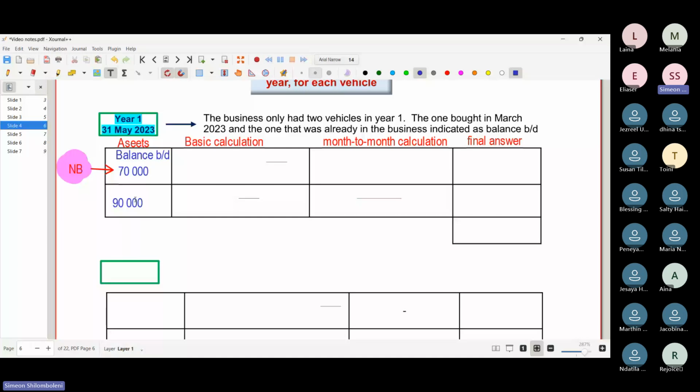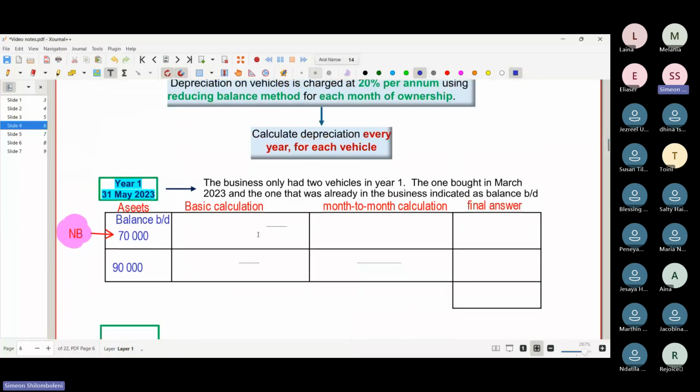What is the basic calculation? Basic calculation, we get it from the terms. What is our term saying? Our term is saying 20% reducing balance method. I said you must already know how to calculate reducing balance method. 70,000. I think I might have to reduce the font here. $70,000 minus provision for depreciation.